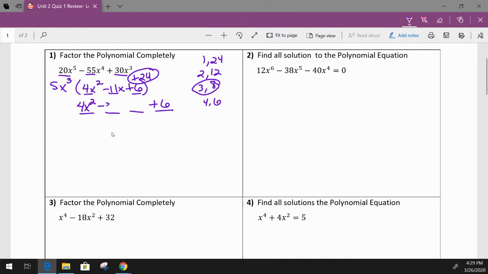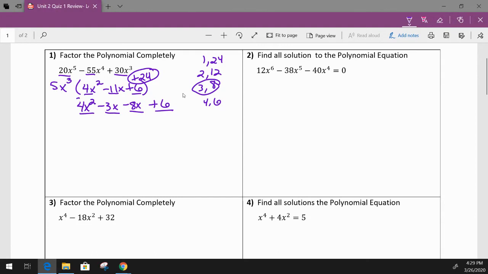So negative 3x and negative 8x will give us our middle terms that combine to give us that negative 11x in the first place. Also, whenever your C value is positive, you know that these signs should be the same. So just some other factoring tricks.